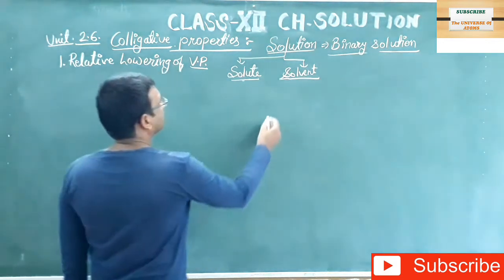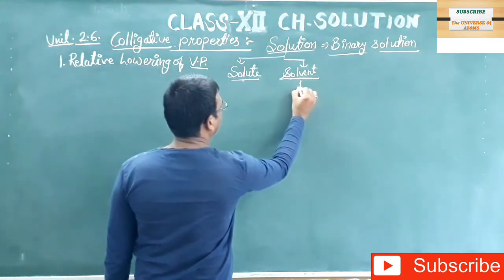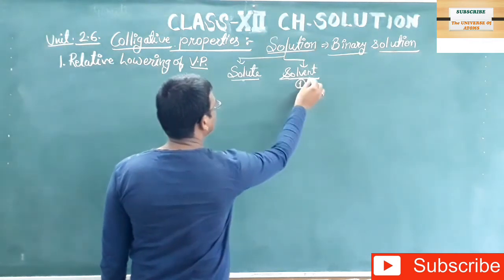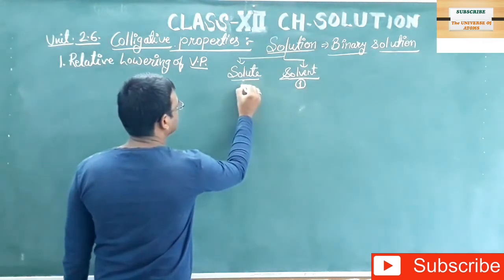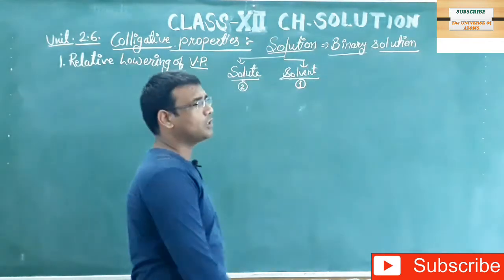In this chapter, wherever we are using subscript one, that will be used for solvent, and two will be used for solute.